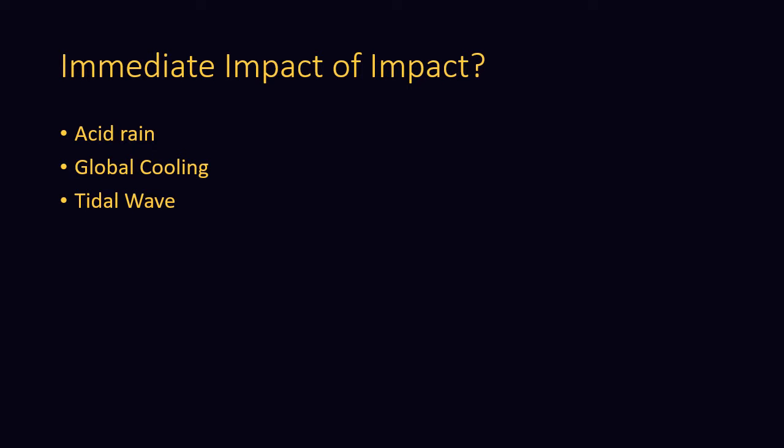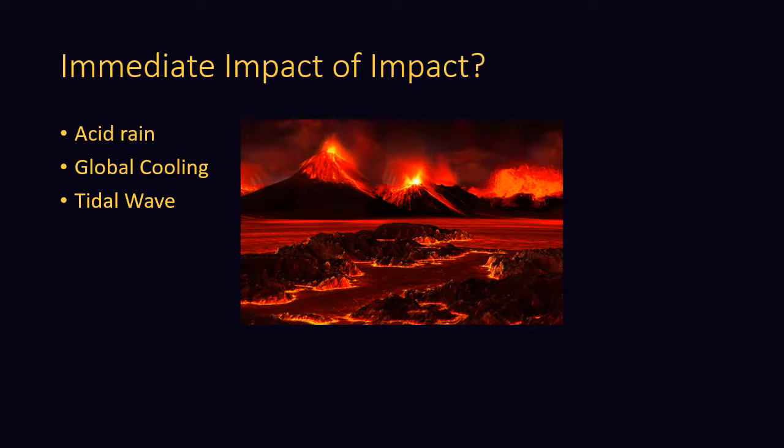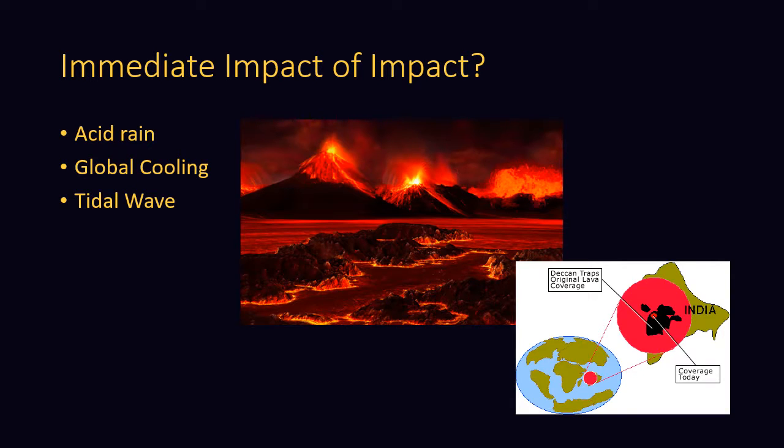What immediately happened wasn't very fun. There were tidal waves, there was global cooling, there was acid rain, and hey, remember those Siberian traps? Okay, they're gone. Oh, we have the Deccan traps now. We had a massive amount of lava come out in what is now India, and this lava flow was going before the asteroid impact, but it took off once the asteroid did impact.